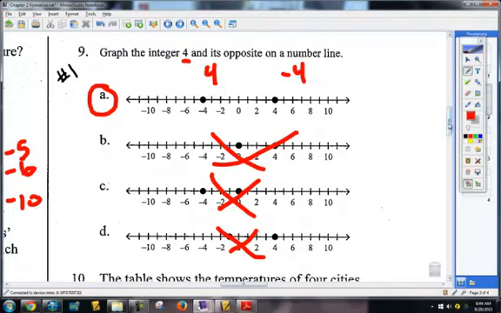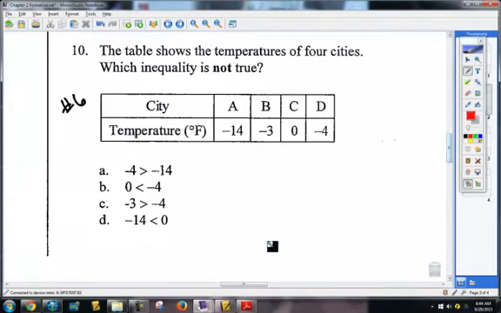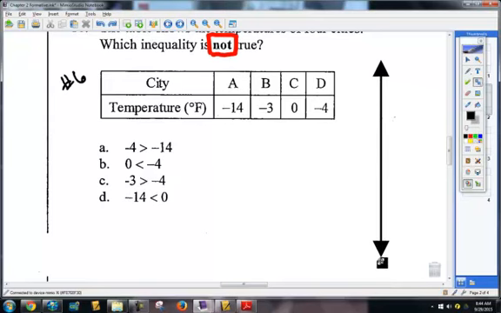Okay. Number 10. The table shows the temperatures of 4 cities. Which inequality is not true? So really, the table isn't all that important. Again, if you wanted to draw a number line, you could. If you're missing a lot of these, you could do it like this: -14, -4 would be up here somewhere, -3 would be there, 0 would be there. Okay, and maybe now you can see, -4 is greater than -14.